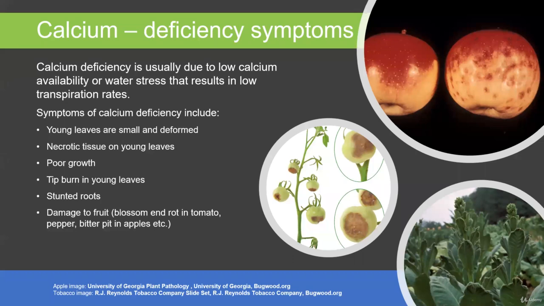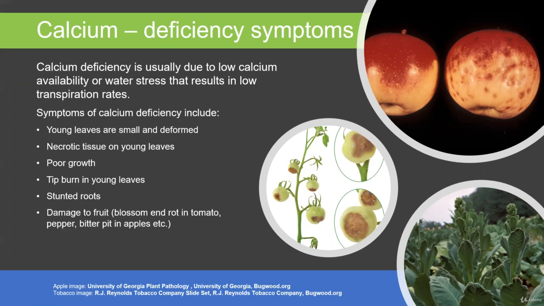Deficiency symptoms include smaller and deformed young leaves. It's what we see over here. You see the deformations and necrotic tissue on young leaves, poor growth, tip burn.